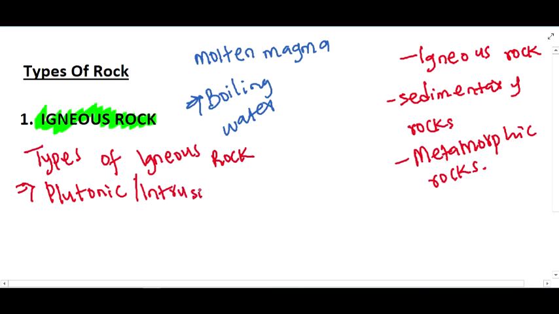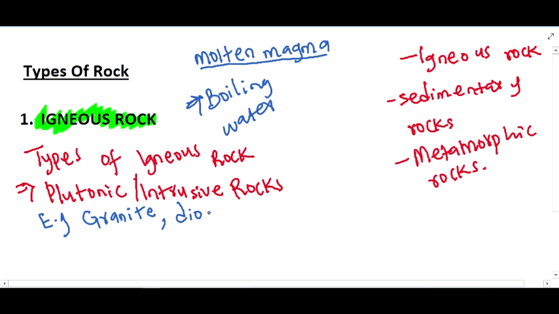I think this word intrusive will make more sense, because it will help to explain the context well. Plutonic igneous rocks are formed when this molten magma solidifies and forms crystals beneath the Earth's surface. Examples of such rock are granite, diorite, and gabbro.